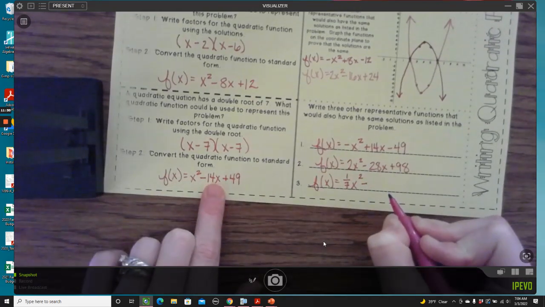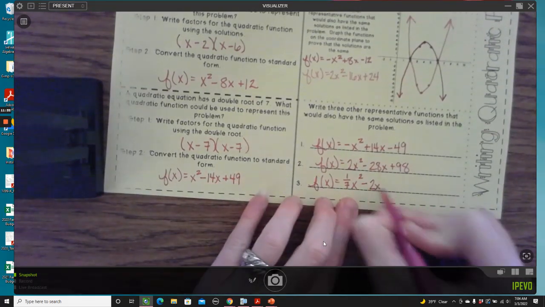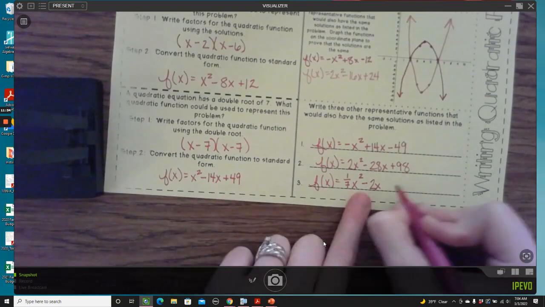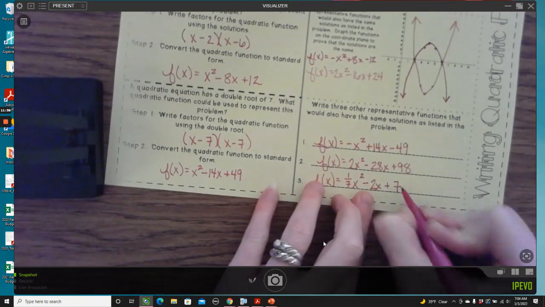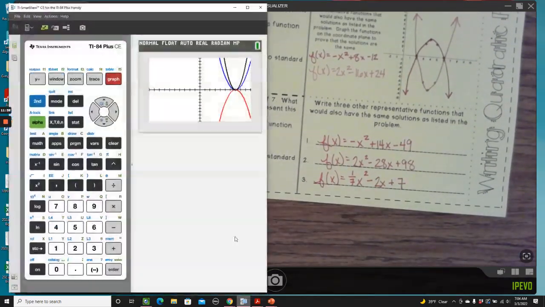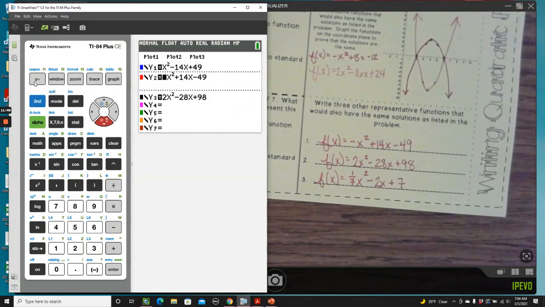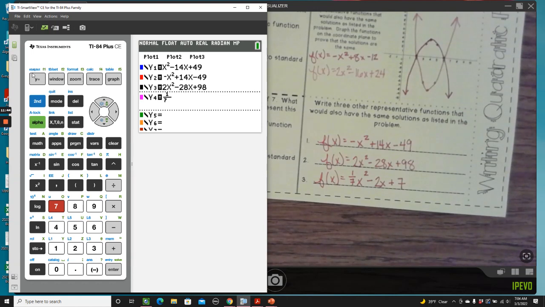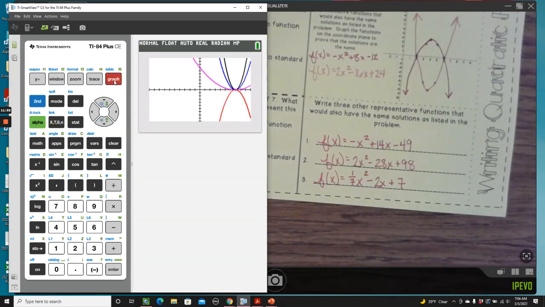All right, negative 14x divided by 7 is negative 2x, and then 49 divided by 7 would be a positive 7. So again, to show you that this as well will graph with the same root, x squared minus 2x plus 7. If we graph it, you can see that big pink parabola come in.